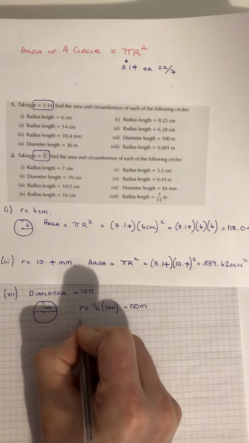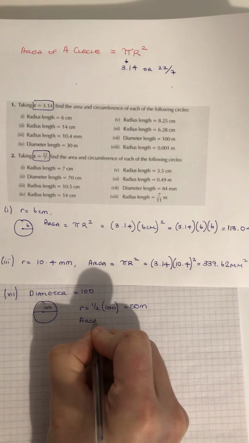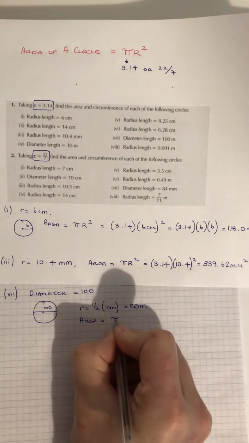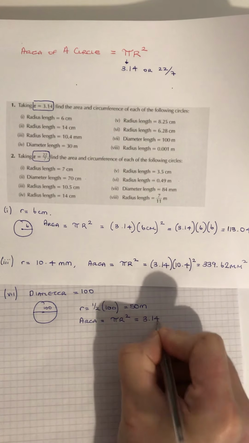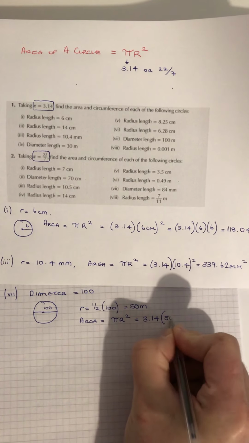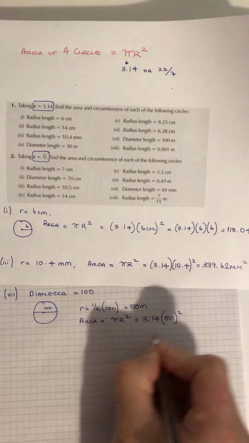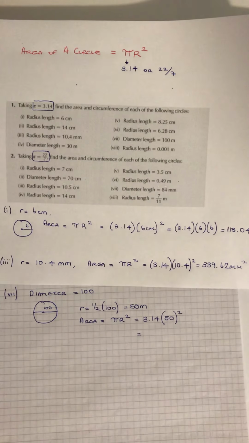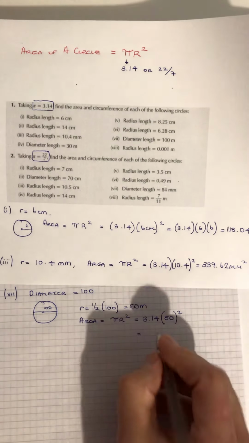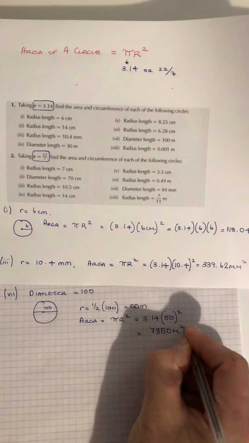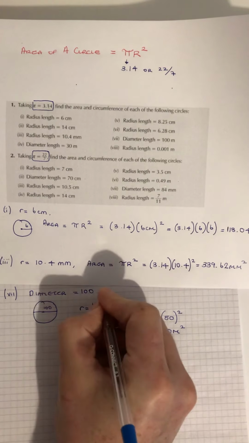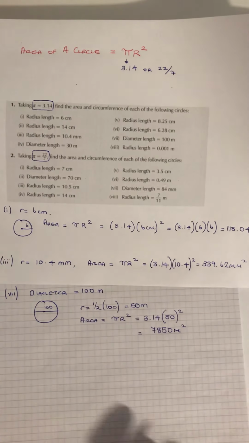So in this case then the area will be equal to pi r squared again. Pi is 3.14, and instead of 100 it'll be 50 squared. So what's 3.14 multiplied by 50 squared? Which is 7,850, and the unit is in meters squared.